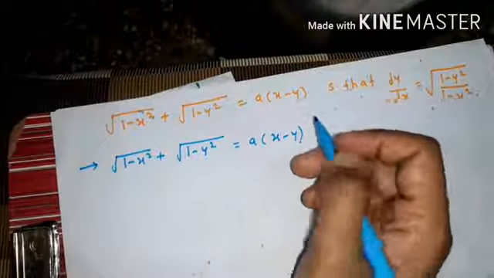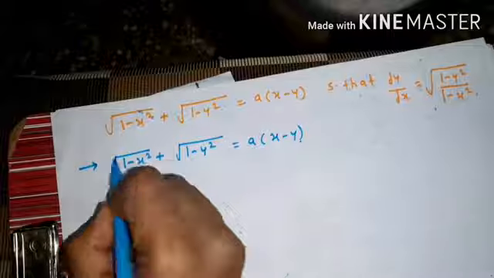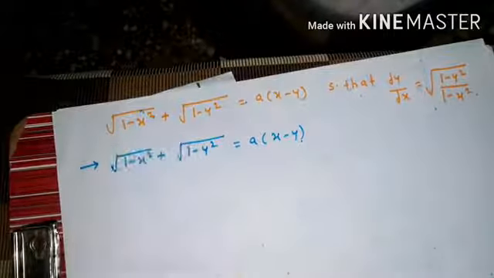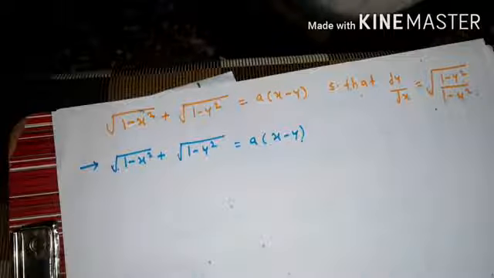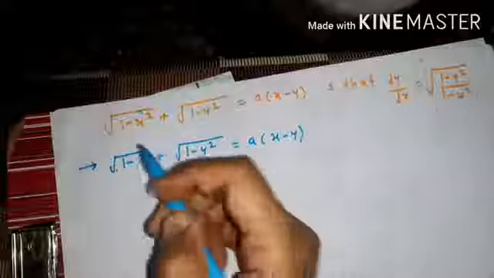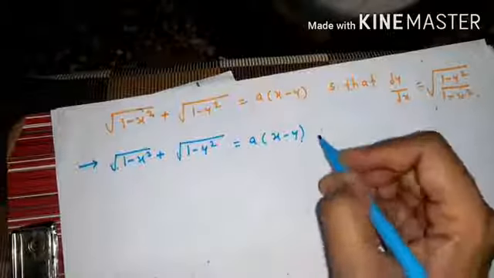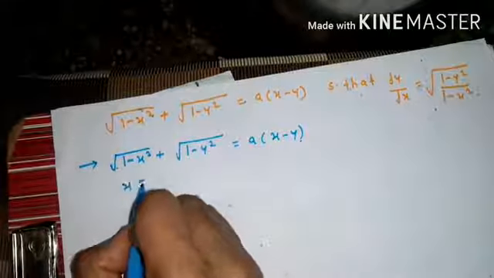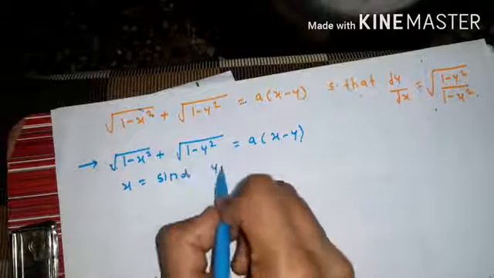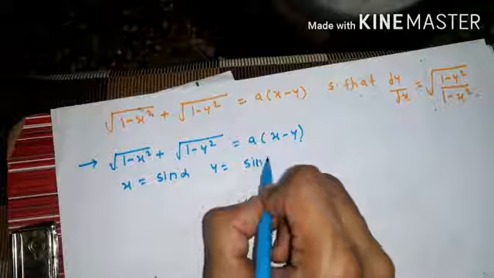This is a slightly different type of problem, so by using a slightly different adjustment, we have to solve it. Students, put x equal to sin alpha, y equal to sin beta.